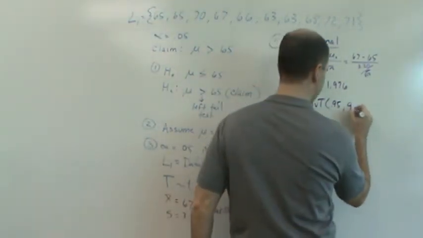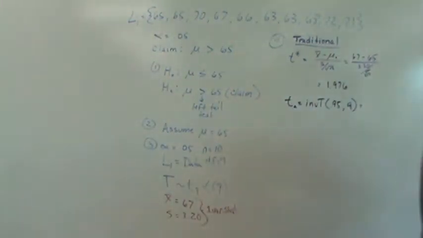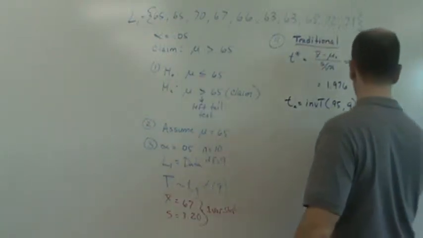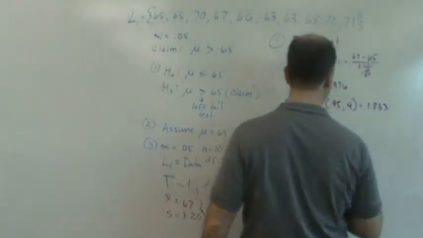So go to second vars, down to inverse t, 0.95, comma, 9, and I get 1.833. So 1.833 is my critical value.